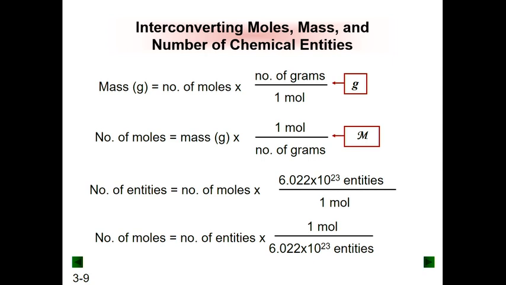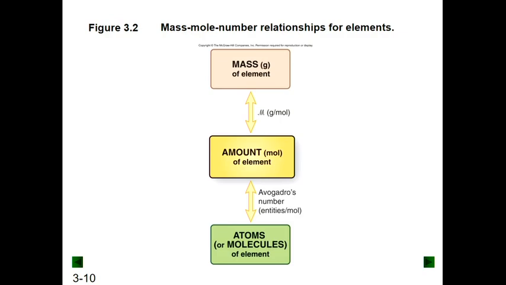What you need is just to apply logic and common sense to do your conversion factors, cancelling the units using the ratios between them. So when you have an amount of any element in moles, you can use the molar mass to calculate the mass, or you can use the Avogadro's number to transform that into atoms or molecules.